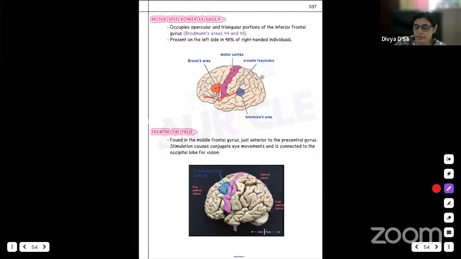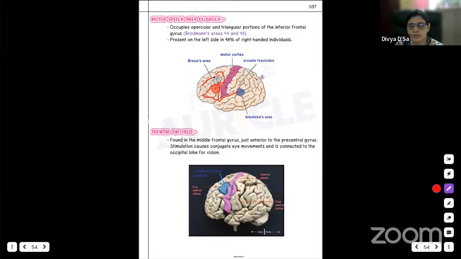Now, frontal eye field. If we draw the superior and inferior frontal sulcus, it divides into superior, middle, and inferior frontal gyrus, isn't it? So in the middle frontal gyrus, just anterior to the precentral gyrus, this area we call the frontal eye field area.